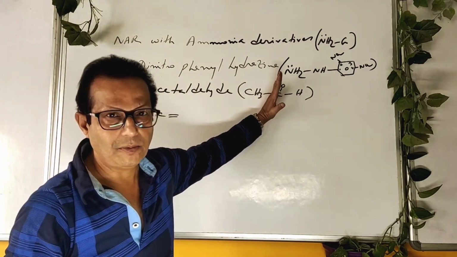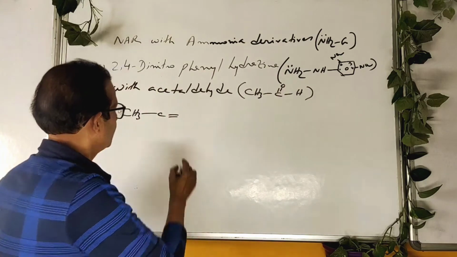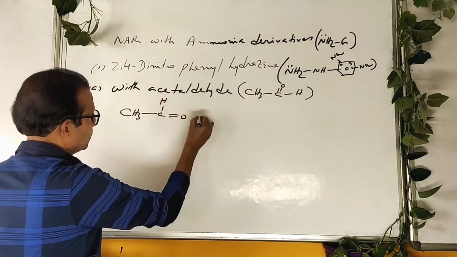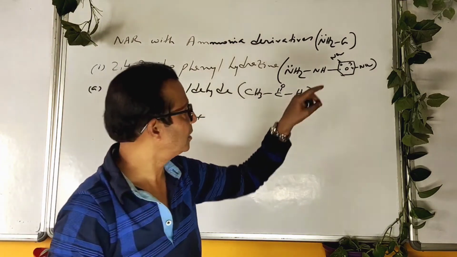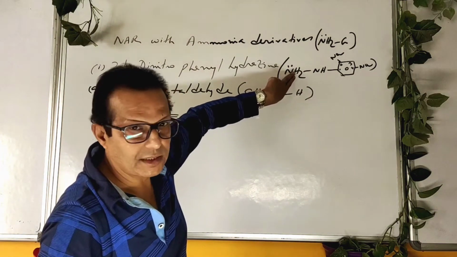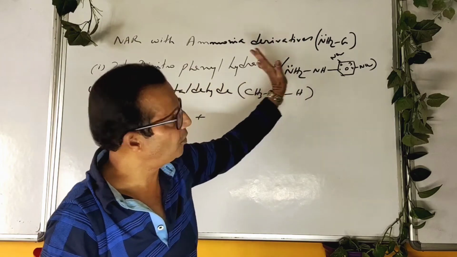Just write the C double bonded O straight. How to write it? I have already given the technique. Just bring this hydrogen in front, not others.